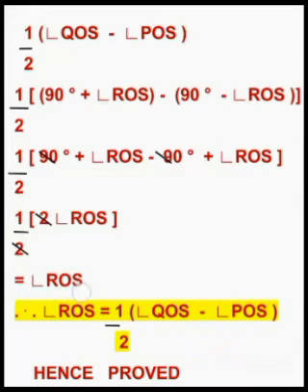Angle ROS. So children, you have taken right hand side condition, half of angle QOS minus angle POS, and you got left hand side angle ROS. So angle ROS is equal to half of angle QOS minus angle POS. Hence proved, children.